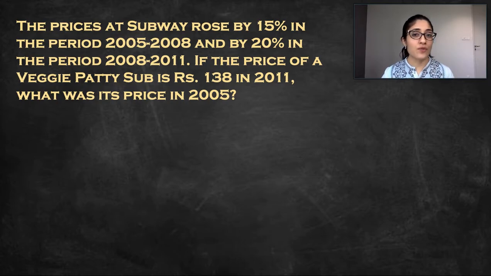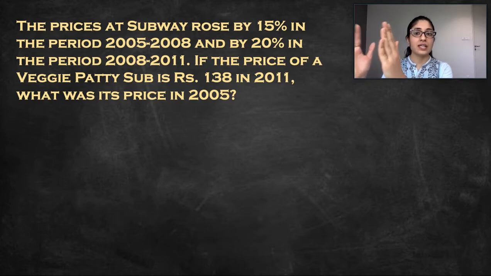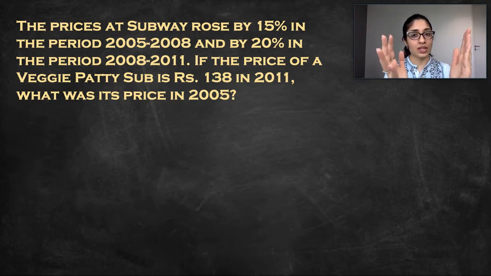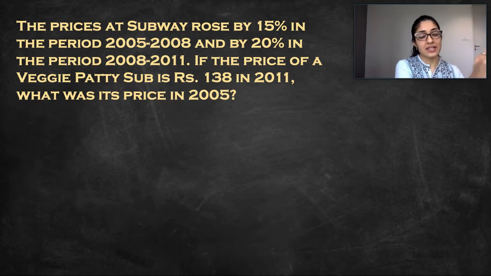If you observe, they are increasing the price from 2005 to 2008, then 2008 to 2011, and they have given the resultant price in 2011. So in this question, you need to work backwards to find the initial price.